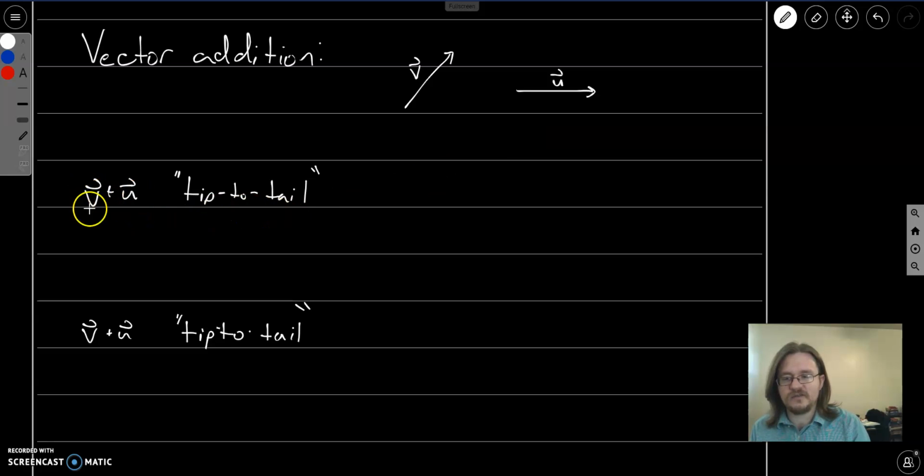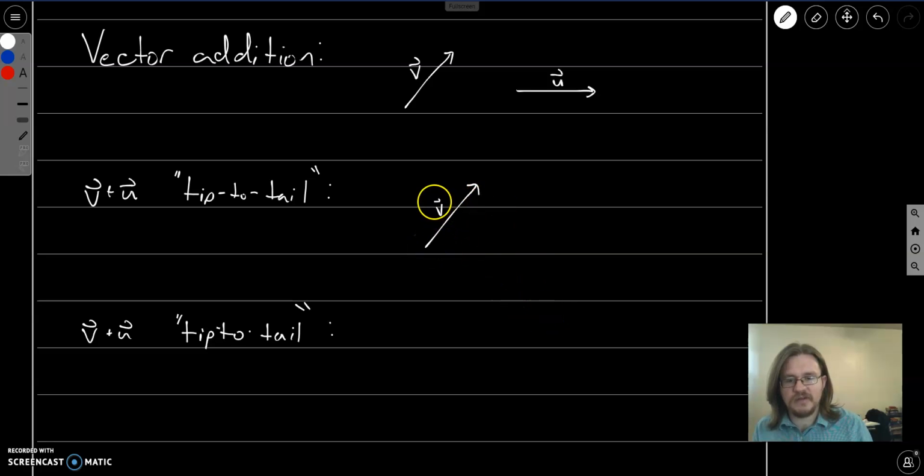If we want to add 2 vectors, there are a couple ways to do this, but there's one way that's going to be more correct and more helpful. So I'll show you the ways that are maybe less helpful first. So here, if I want to take v plus u, we'll use the tip to tail method. This is not the best method to use, but I think it's worth mentioning.